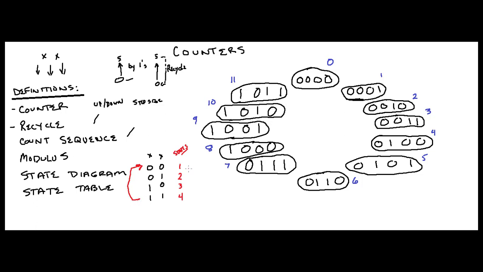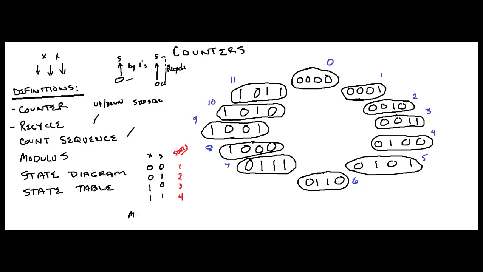Now, we have something called the maximum modulus. This is important. I want to make sure you understand this because we have two bits here, and you can see we have 4 states. So the maximum modulus for this 2-bit counter is 4.